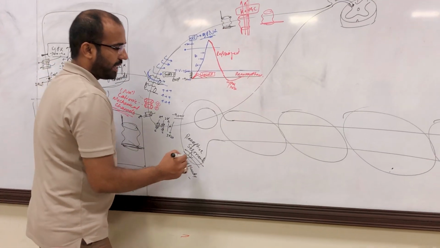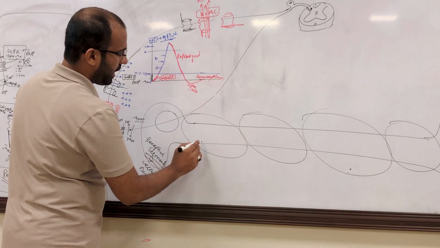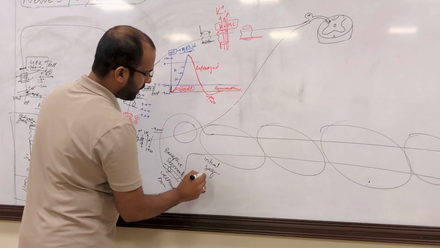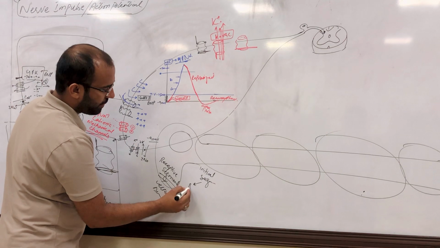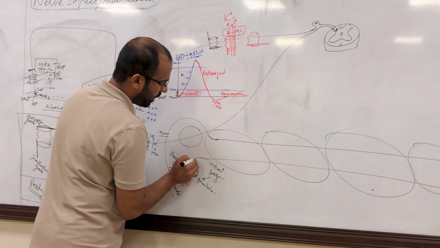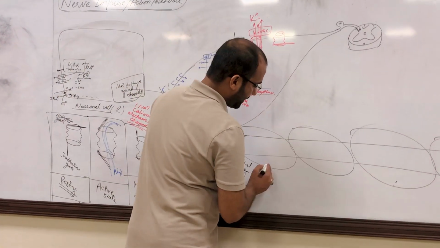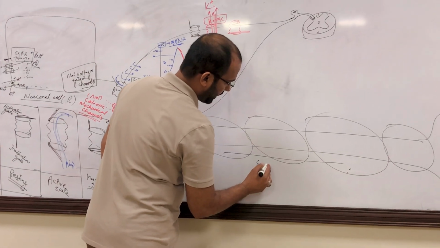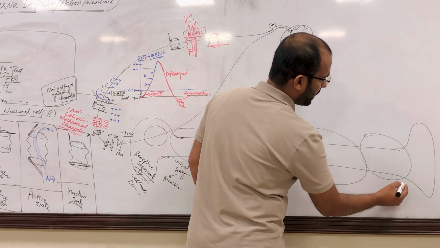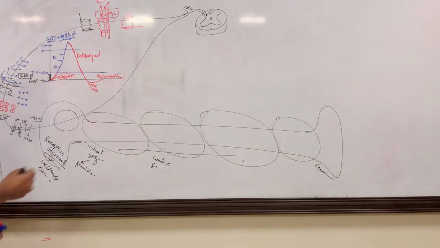Then there is the initial segment, primarily comprising the axon hillock, the part from where the axon starts. Look carefully. Then there is the conductive segment, and at the end there is the terminating segment. Actually, these are not so important.